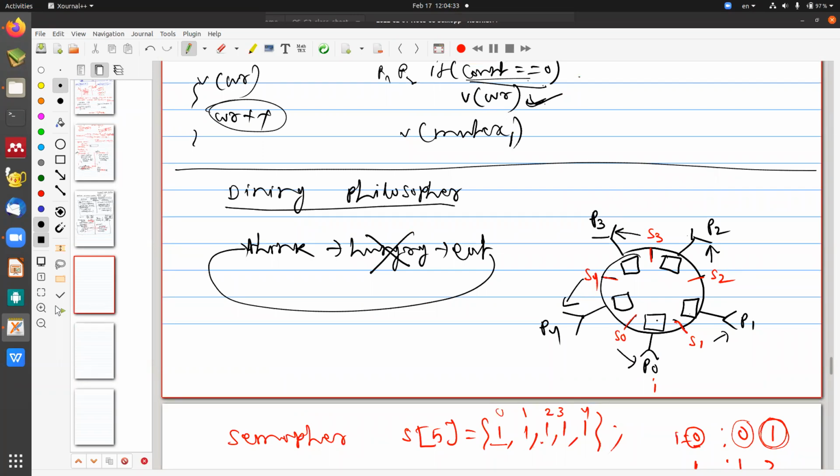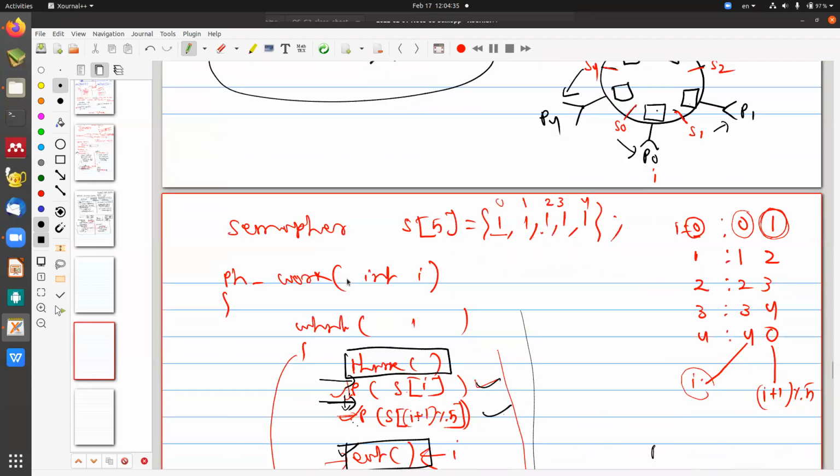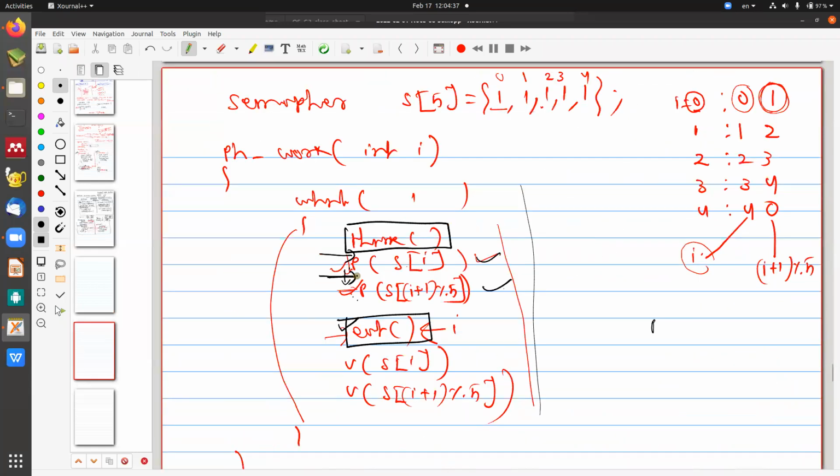Agreed or not? Yes, sir. If the context switching happens exactly upon this P line, everybody has taken their left chopsticks and made their S of I be 0, because previously it was 1, now it has come to 0.